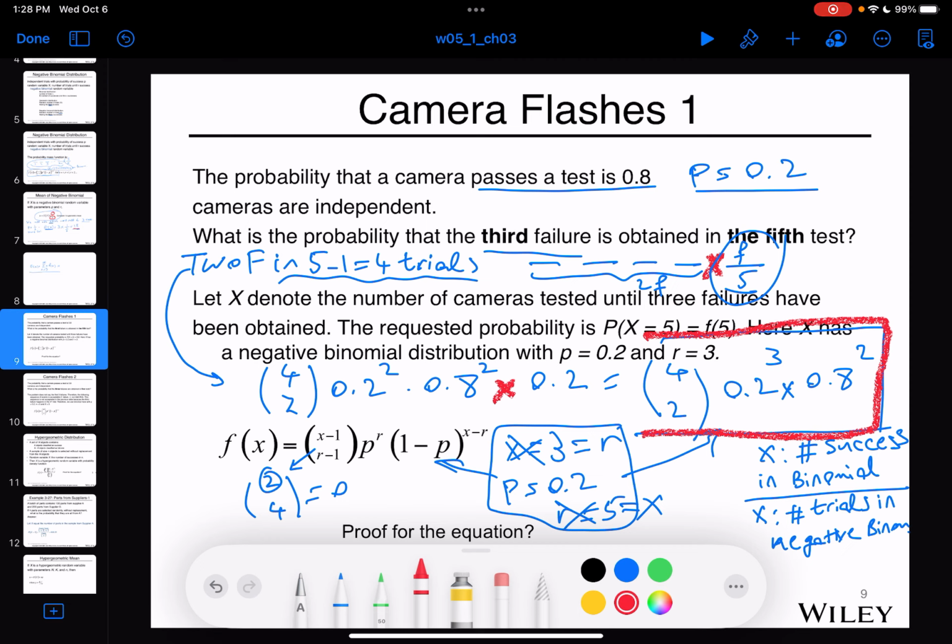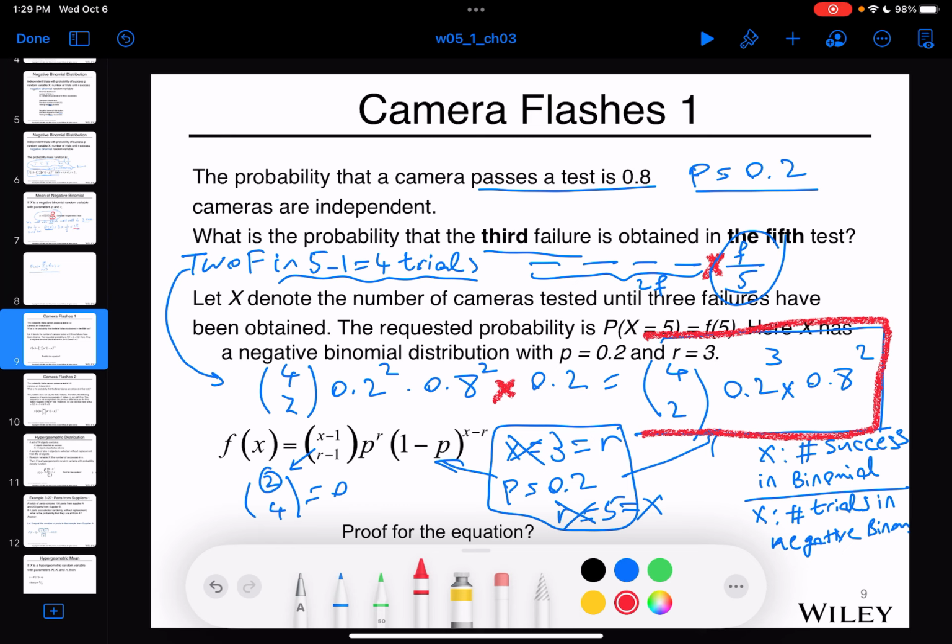So basically here in question 1, what we are doing is that for whatever reason, we want to find 3 cameras that failed the flash test, right? So the way we do this experiment is we keep testing cameras until we find the 3 that failed the test. And once we find the 3 that failed the test, we stop the experiment, right? So this is the setup in this question.